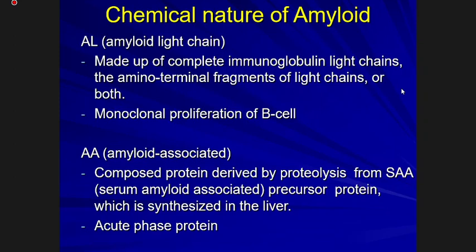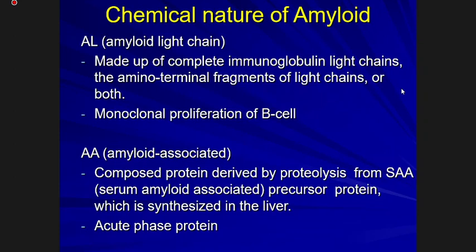So when you have monoclonal proliferation of B cells, that means your B cells tend to produce only one type of immunoglobulin, and only one type of immunoglobulin which has only one type of light chain. So it's either kappa or lambda. This is what we find in multiple myeloma.